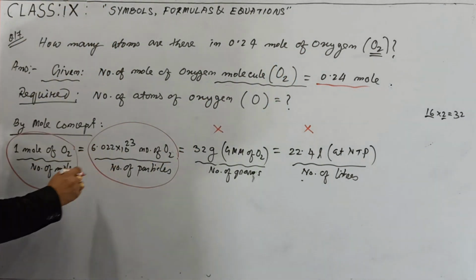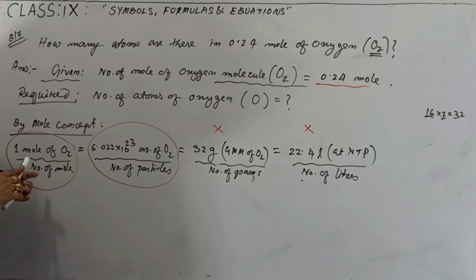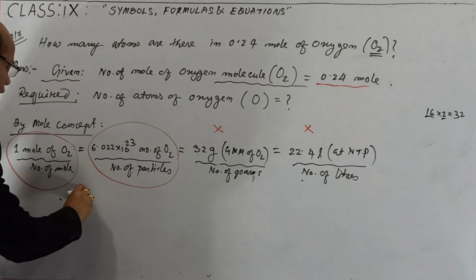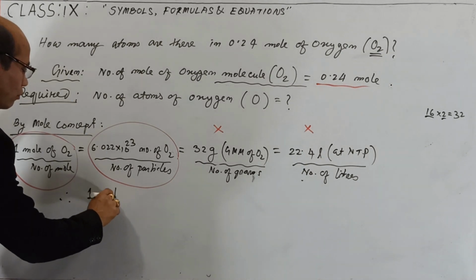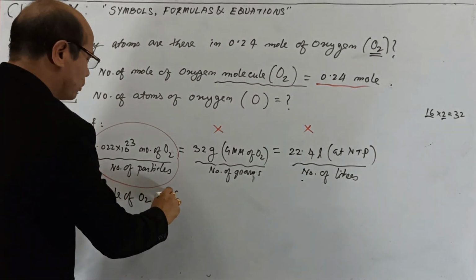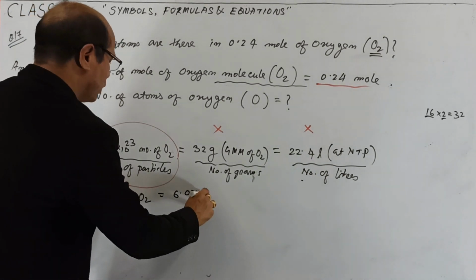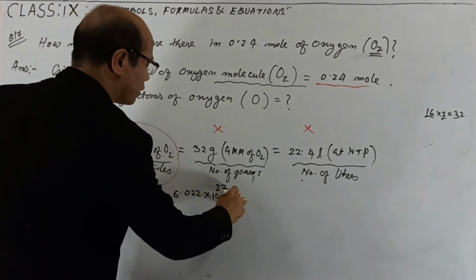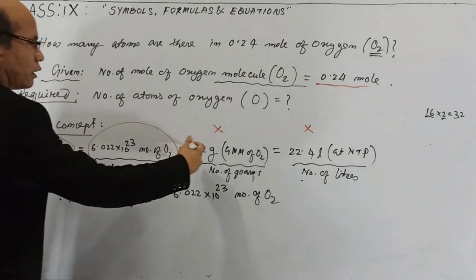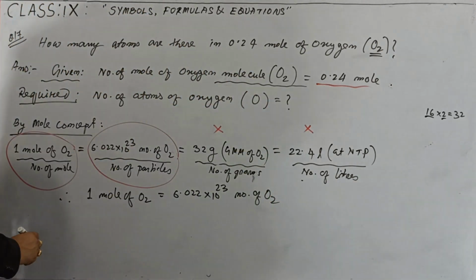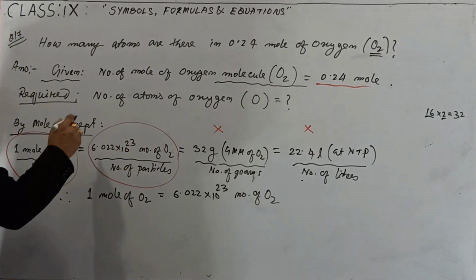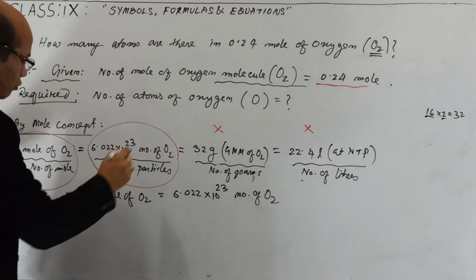From these two parts, first you find the number of oxygen molecules. Therefore, you can write 1 mole of O2 is equal to 6.022 into 10 to the power 23 number of O2. Only these two parts; the other two parts are not necessary, so we leave them. And then we are given 0.24 mole.